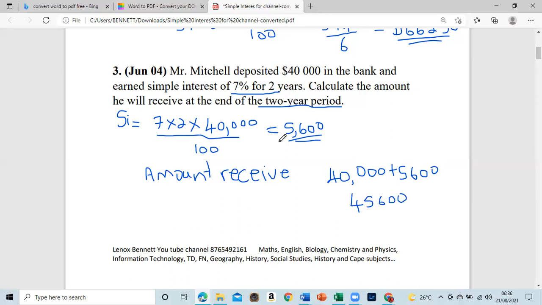So this is the simple interest amount, and the amount I'm going to receive is the principal plus the simple interest, right? We just add it to it as opposed to just the interest he receives.